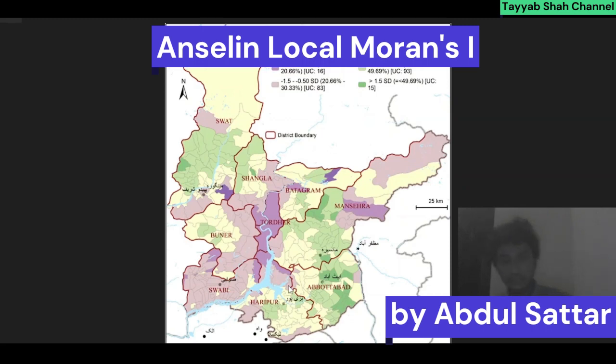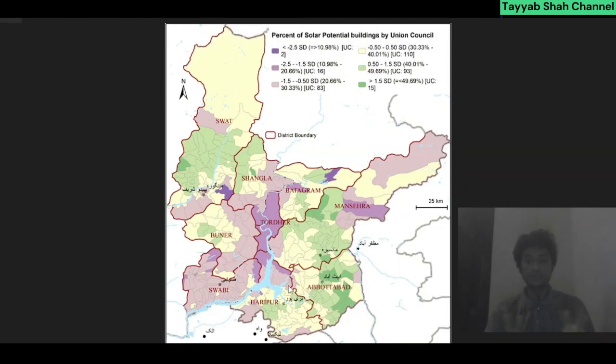This is a Union Council map of Khyber Pakhtunkhwa province. There are around 319 Union Councils, and this thematic shade map gives 6 standard deviation classes presenting the percentage of suitable buildings for solar panel installation for each Union Council.